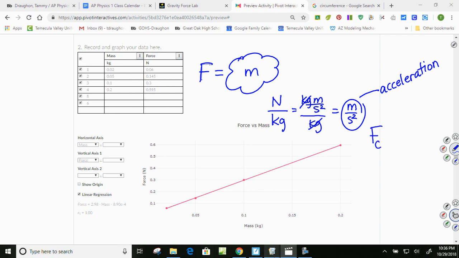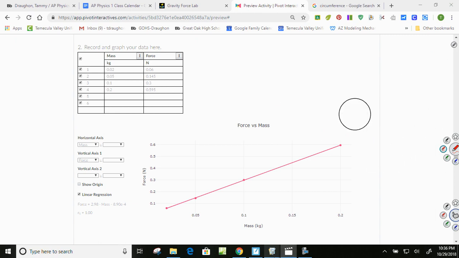But since it's centripetal force, since that's the force making it go in the circle, in this case the tension is the centripetal force, we're going to say centripetal force is equal to mass times centripetal acceleration, since that is the net force and the net acceleration. So we're going to be figuring out acceleration as we look at the rest of this data.